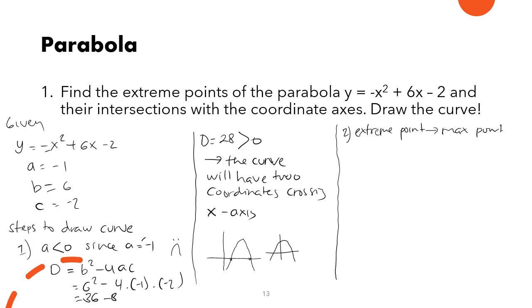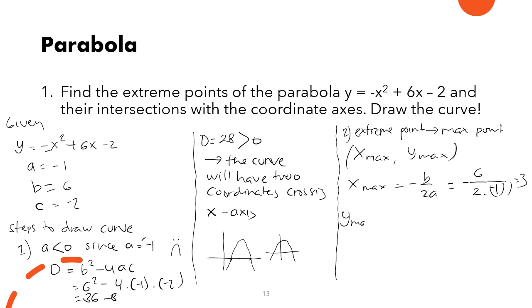X max, y max. X max is minus b over 2a, so minus 6 over 2 times minus 1, minus 6 over minus 2, which is 3.